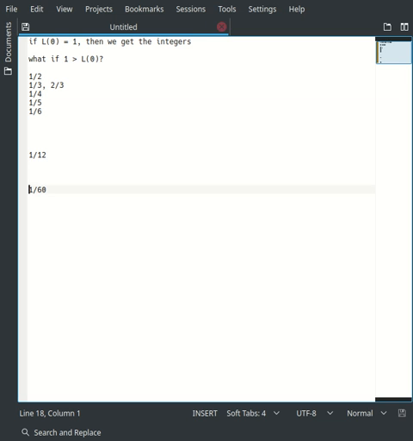So, yeah, it can't be rational. It's not possible because of this. L naught cannot possibly be rational, which also makes sense because you can take the limit as x approaches the square root of 2, or pi, or phi, right?